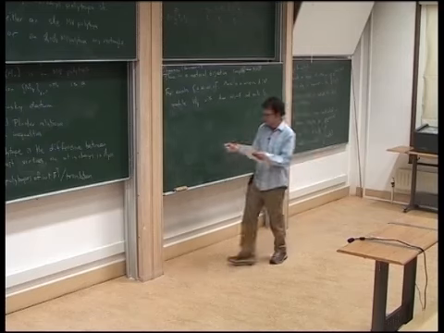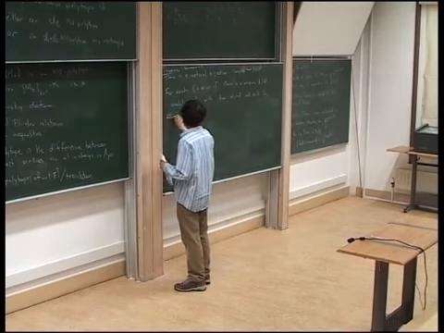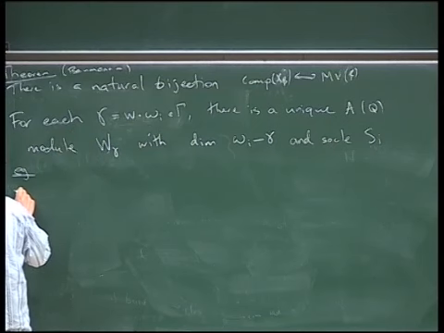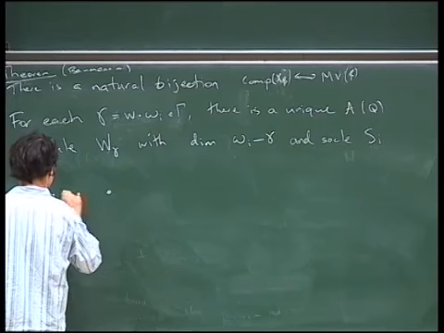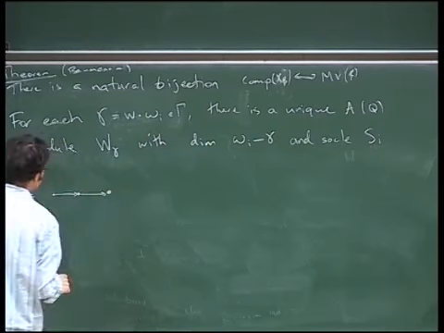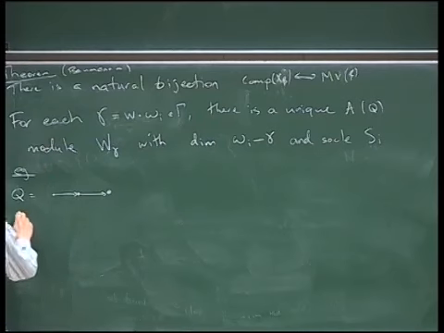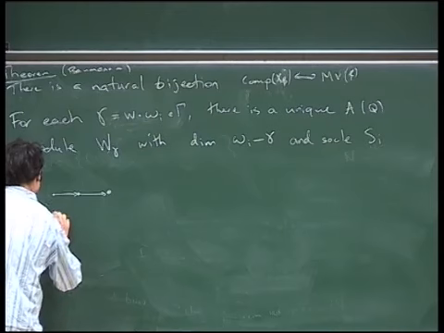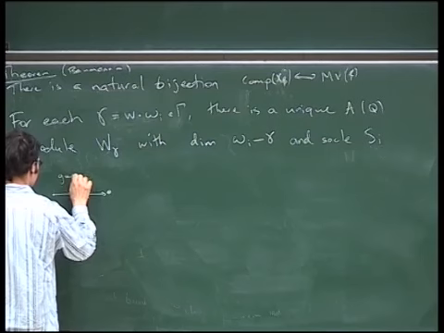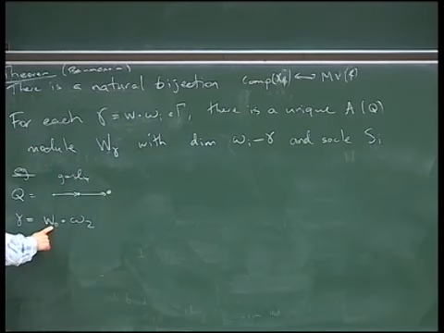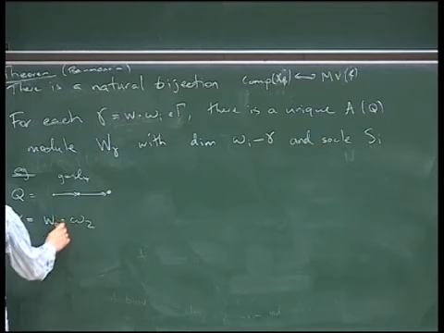Let me show this in an example. It's probably the easiest way to understand this statement. So the example is to take Q V from before, this guy. Take gamma to be the longest element acting on the second fundamental weight.